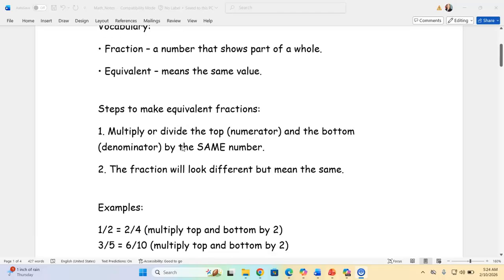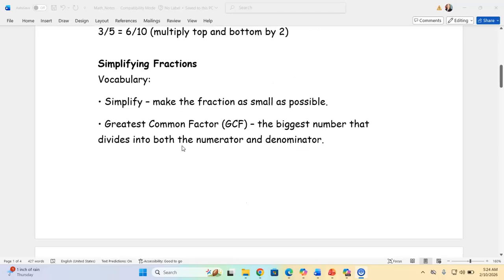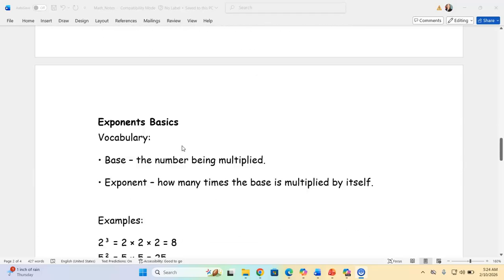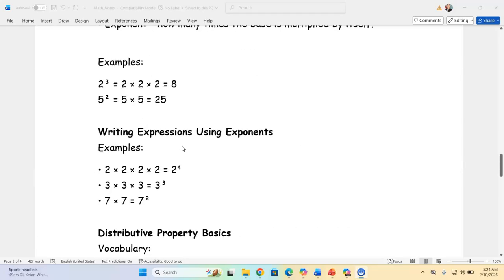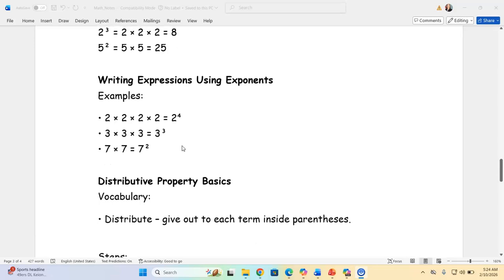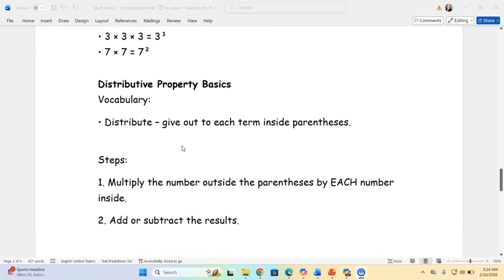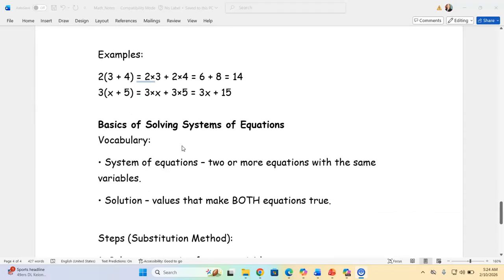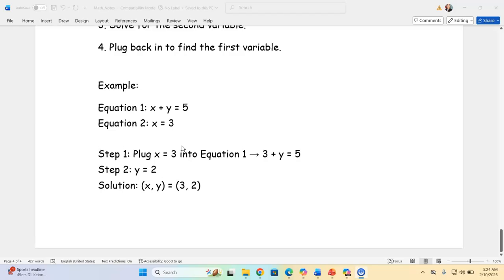So again, it's equivalent fractions, simplifying fractions, adding and subtracting fractions, exponent basics, writing expressions using exponents, distributive property basics, basics of solving systems of equations, and that's it.